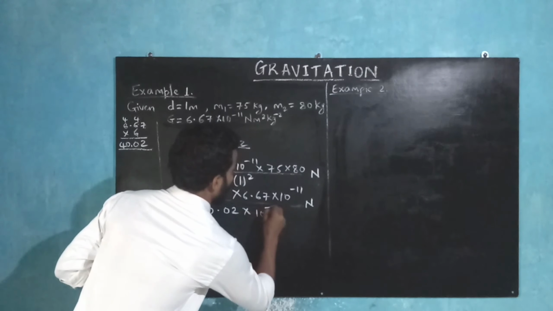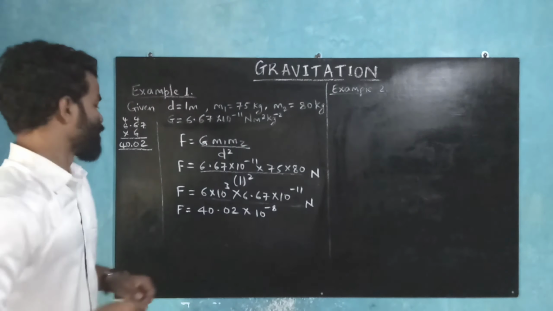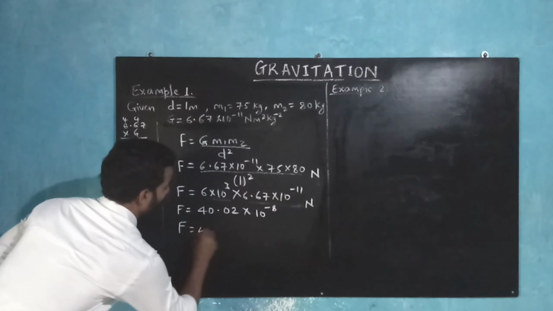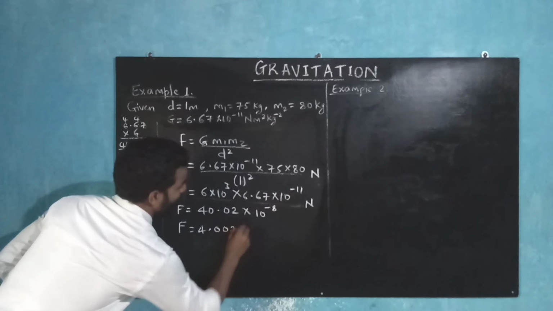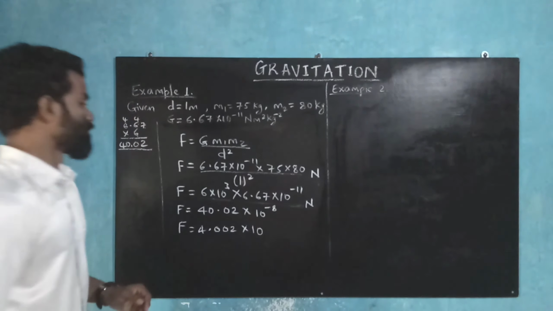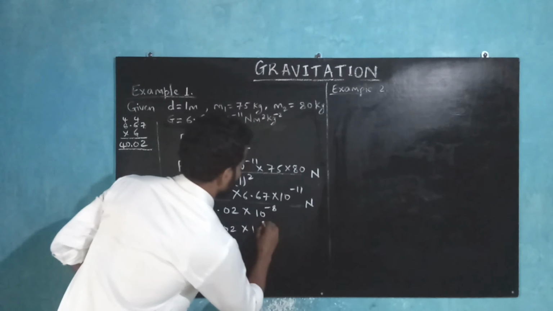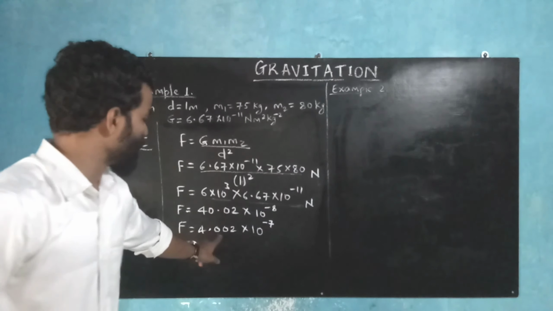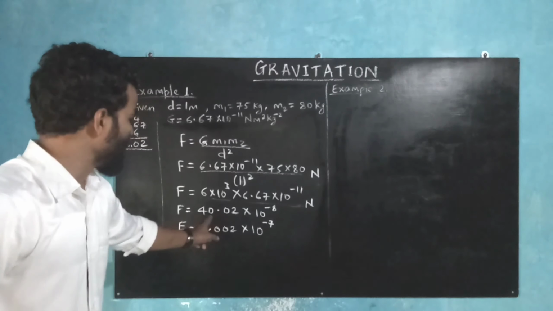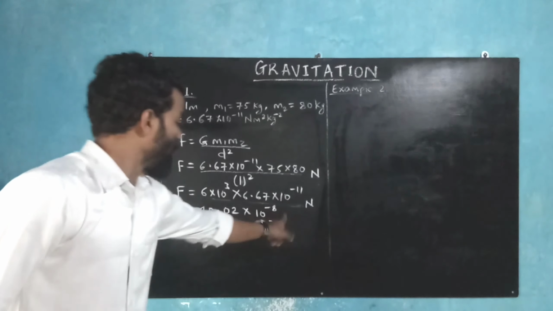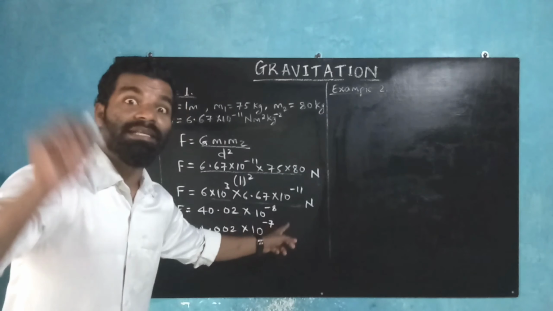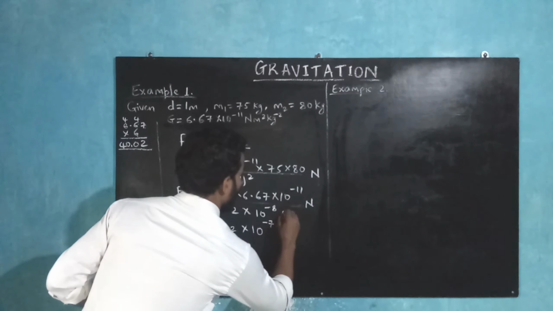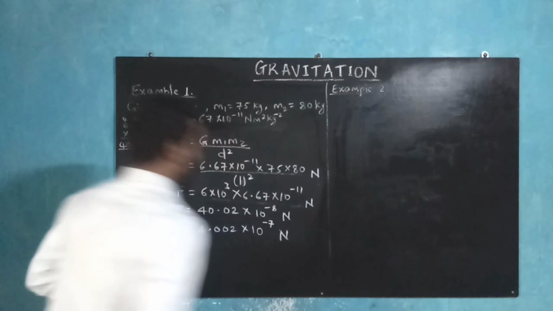So 10 raised to minus 8. Next, you can move the decimal point and make it 4.002 into 10 raised to minus 7. Since you are moving the decimal point one place this side, making it a smaller number, 10 goes the other side, 10 raised to 1. So minus 8 plus 1 is minus 7. Of course, you have to write the unit as Newton.